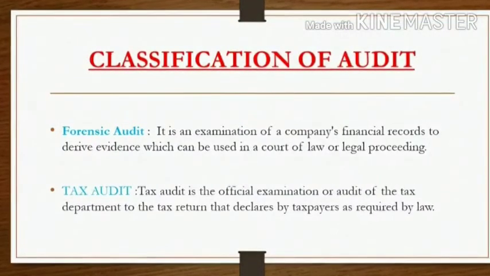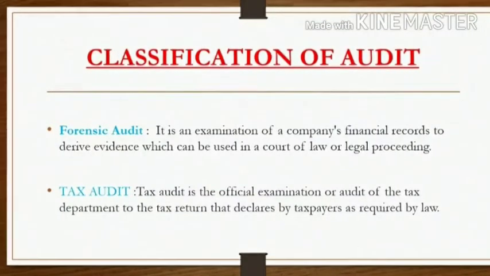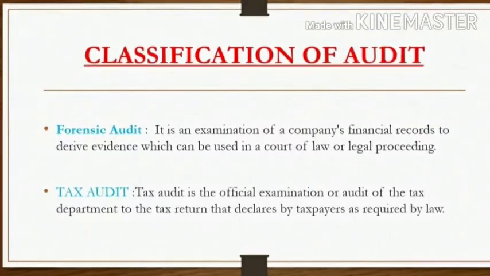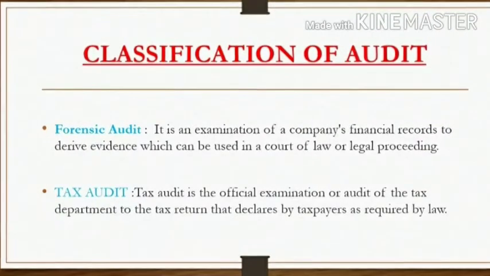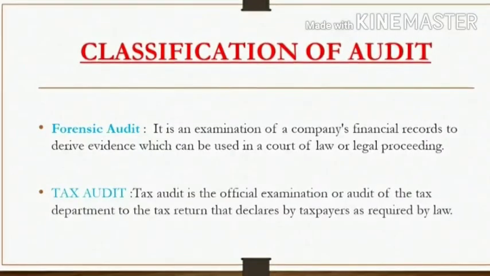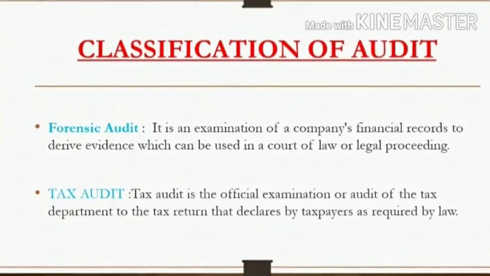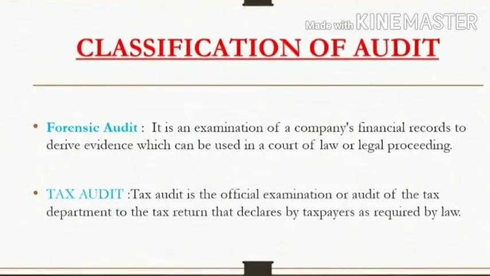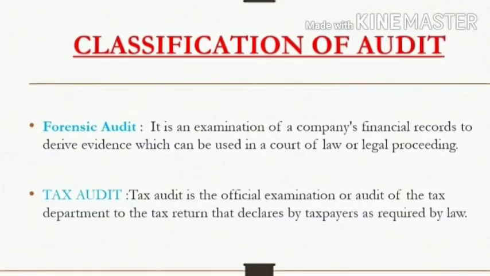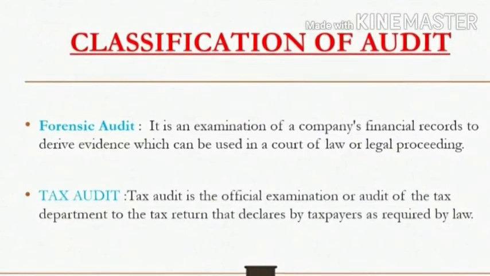Next, we'll see about tax audit. Tax audit is an official examination by the tax department of the tax returns declared by taxpayers as required by law. Okay, so with this, the classification of audit is over.